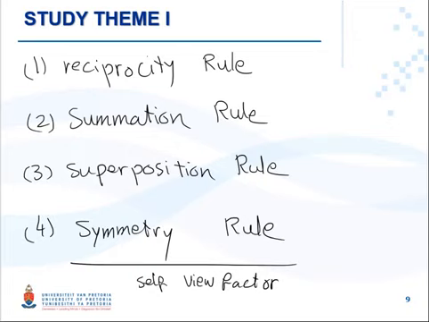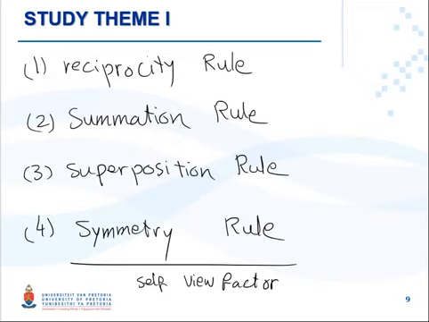Okay? Why do we need those things? As I told you, there are some tables and pictures where we can find view factors for simple or standard geometries. So of course, if we are facing a system where one or two of the view factors can be found from the table, what are we going to do with the rest? By applying these rules, we can find the rest of the view factors in a system.